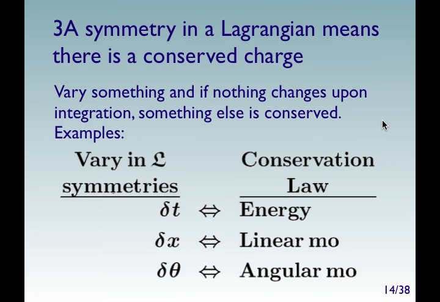If we were to vary time, there is no t sitting by itself in the Lagrangian written on the t-shirt, and so therefore energy is conserved. Similarly, there is no position dependence. There is no x written there explicitly, and so that means that linear momentum is conserved. And finally, if we play with angles and whatnot, it won't change a thing in the action, and so angular momentum is conserved.